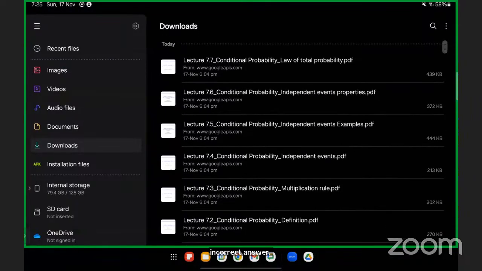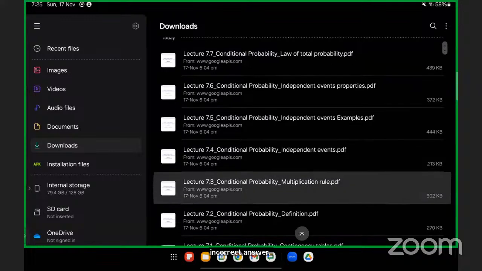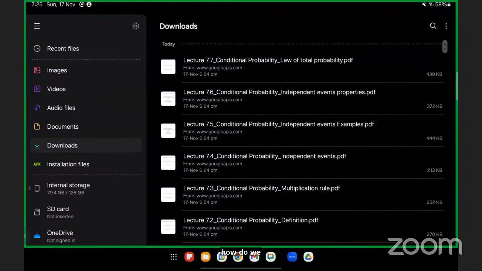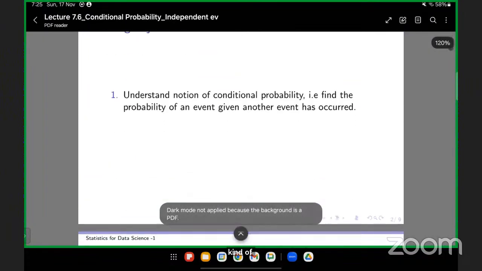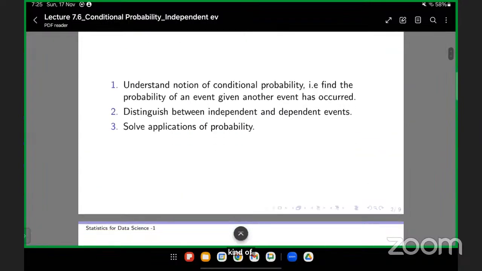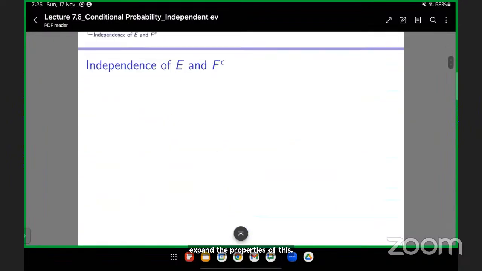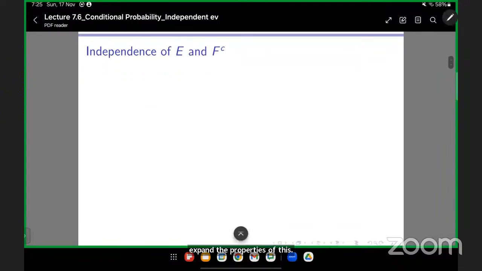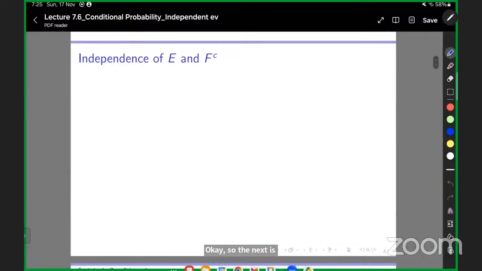Now, I think the next idea is how do we expand the properties of this. Okay, so next we have events E and F, which are actually independent.